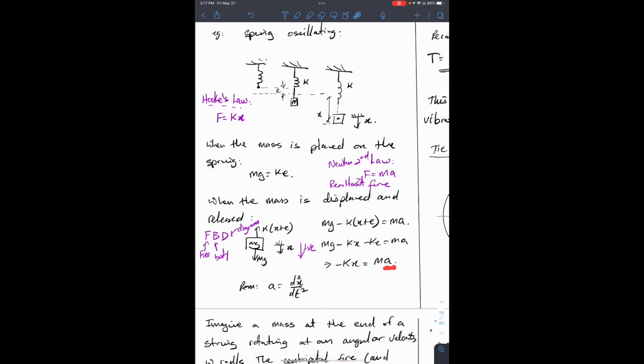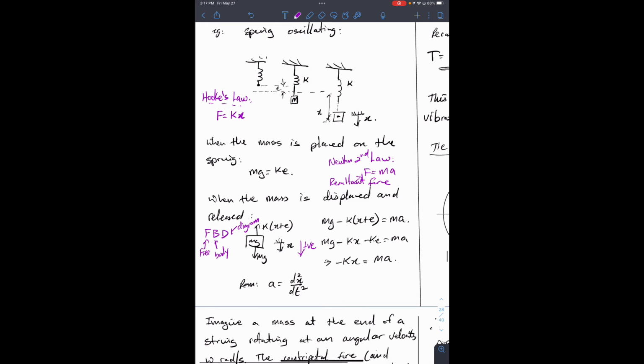Remember a is acceleration, and remember what acceleration is. Velocity is dx/dt, and therefore acceleration is d2x/dt squared. All this is recap.